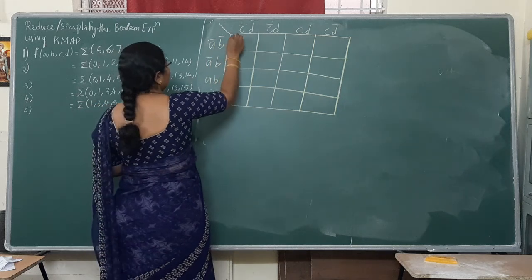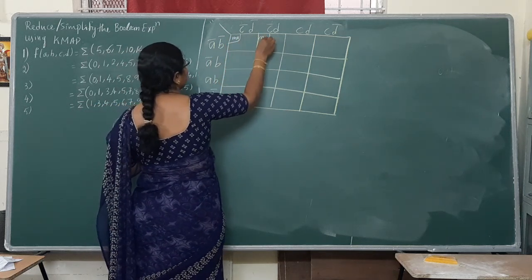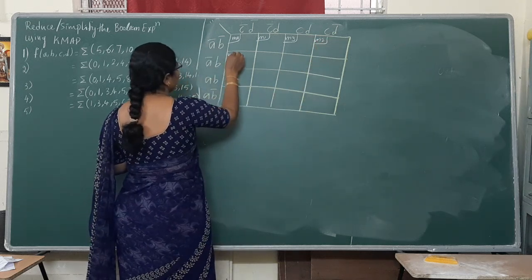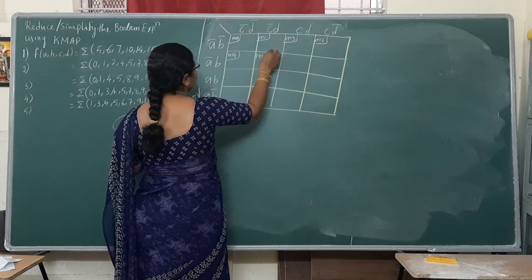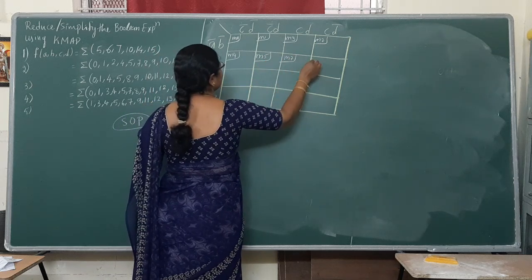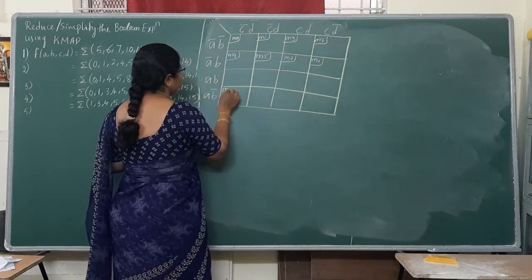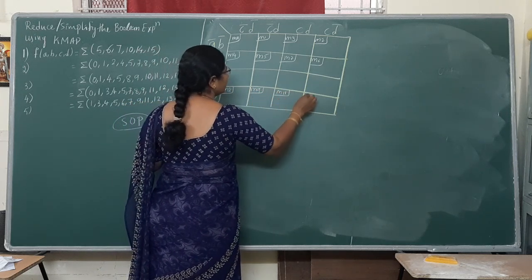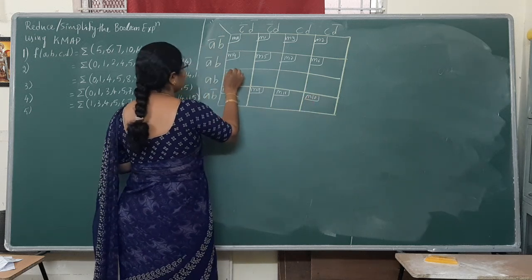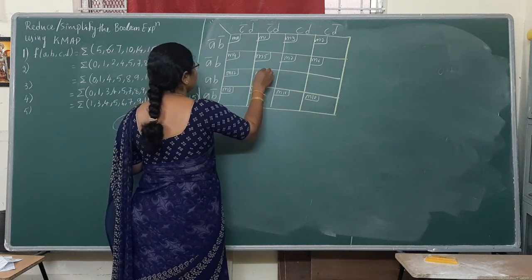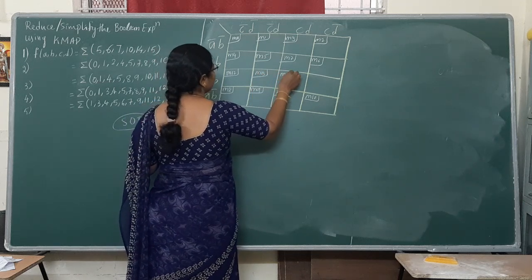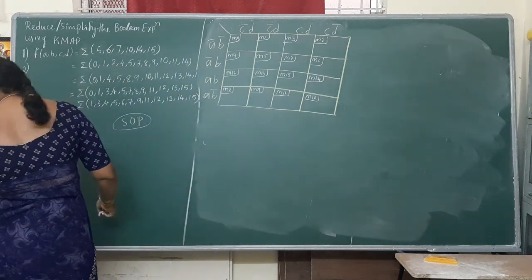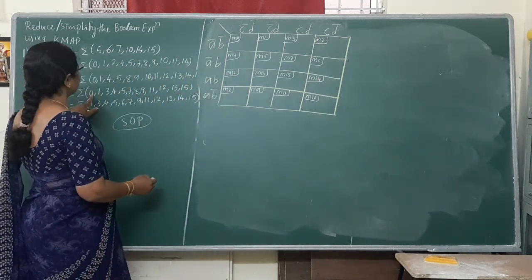Then your M0, M1, M3, M2, M4, M5, M7, M6, M8, M9, M11, M10, M12, M13, M15, M14. What are the variables present in the fourth one?